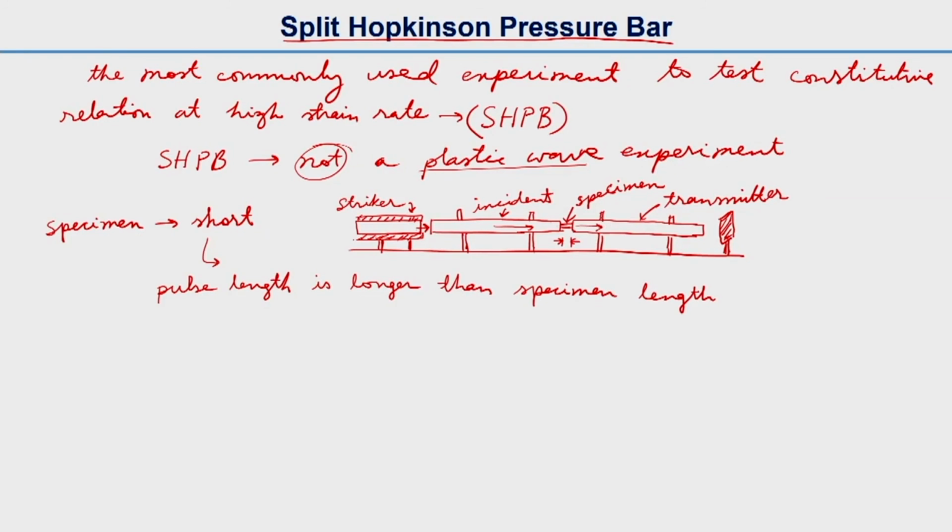With the help of strain gauges, we can have a strain gauge here and a strain gauge here, where we can get the transmitted wave, and here we have both the incident and the reflected wave, that is, the wave reflected back from the specimen and incident bar interface. We will discuss the split Hopkinson pressure bar in detail later.